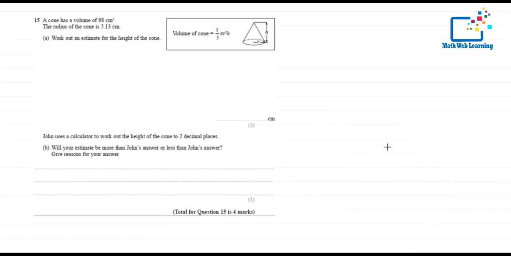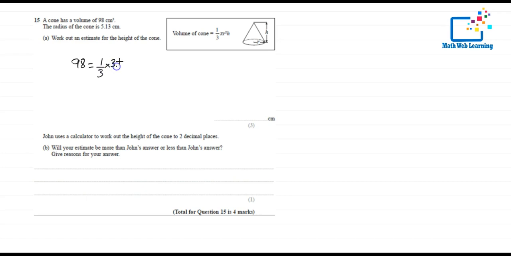Next, question 15 is on estimations. We want to work out an estimate for the height of the cone using this formula here. So let's go ahead and do that. First, let me put the numbers into the formula. The volume is 98, so we're going to write it down as 98 is equal to a third times pi.